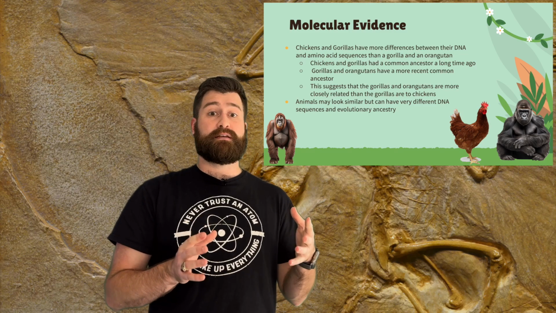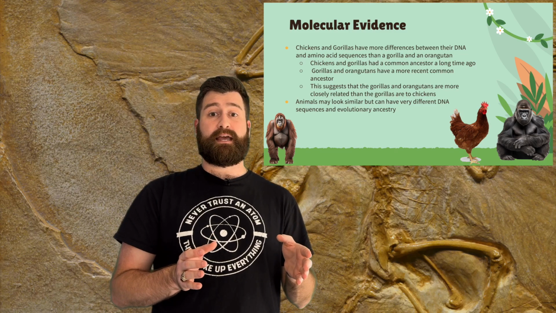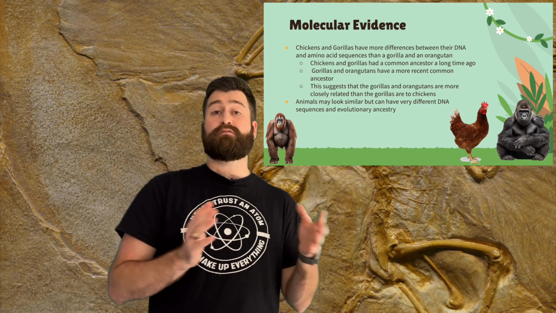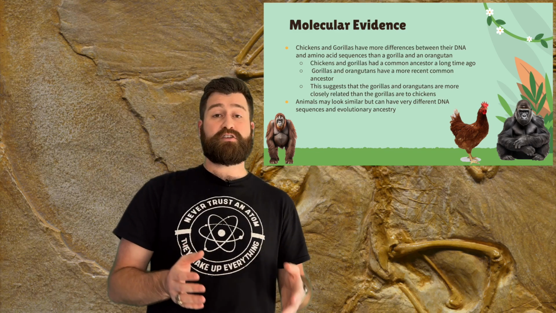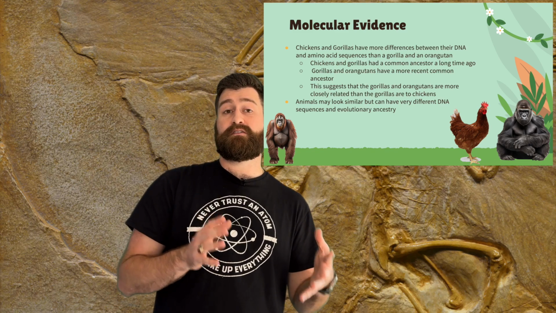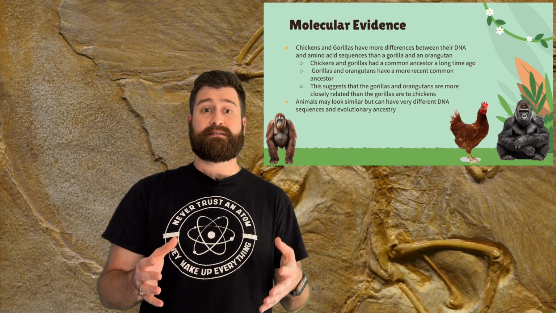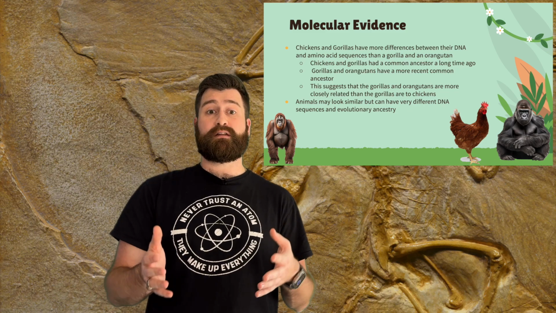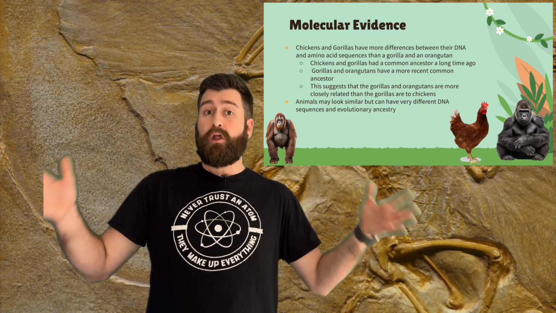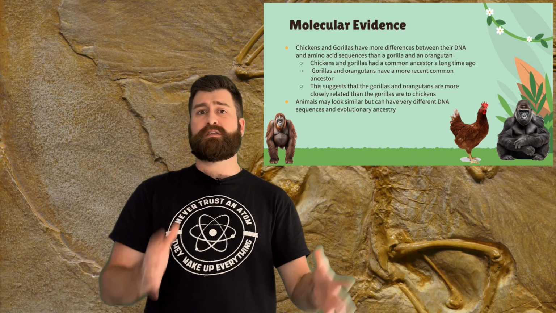Now, looking at specifics, let's talk about chickens, gorillas, and orangutans. Chickens and gorillas have more differences between their DNA and amino acid sequences than gorillas and orangutans do. Since chickens and gorillas have more differences in their DNA and amino acid sequences, this suggests that chickens and gorillas had a common ancestor a long time ago. They're not closely related.